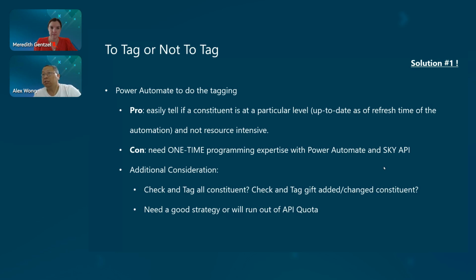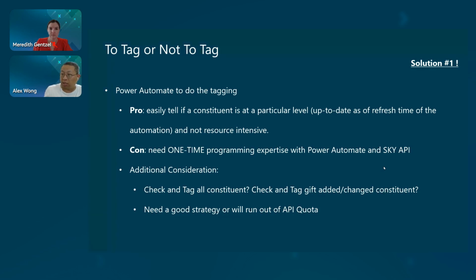Your API limit is 25,000 API calls per 24 hour period. So let's say you have 50,000 constituent records, and you're going to check and tag every record every night, you're not going to be able to do so because you're going to run over that API limit. There are other ways to deal with this particular situation, but I'm not going to go too deep into that.